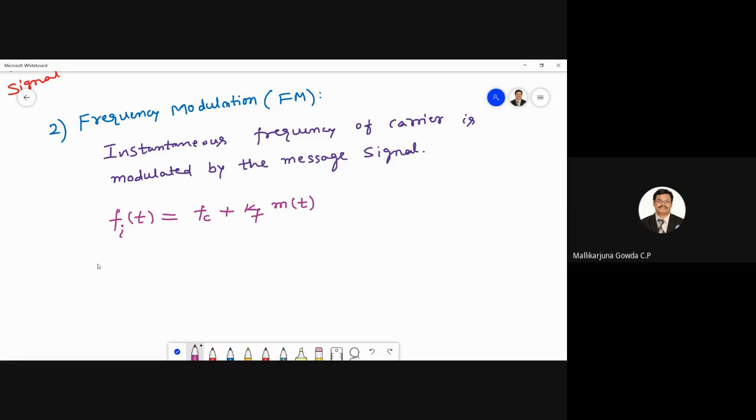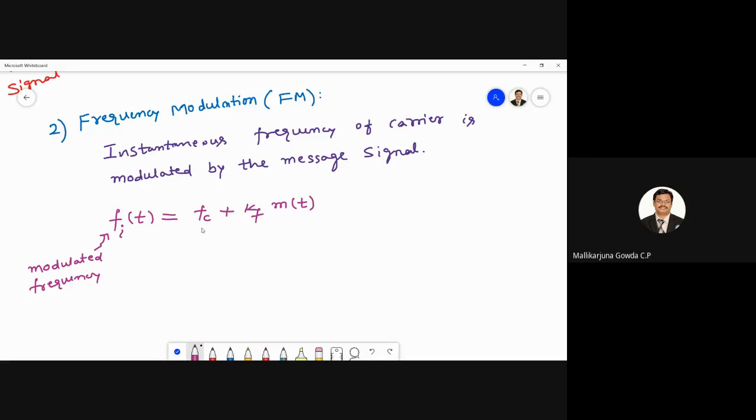This one is known as the instantaneous frequency or the modulated frequency.